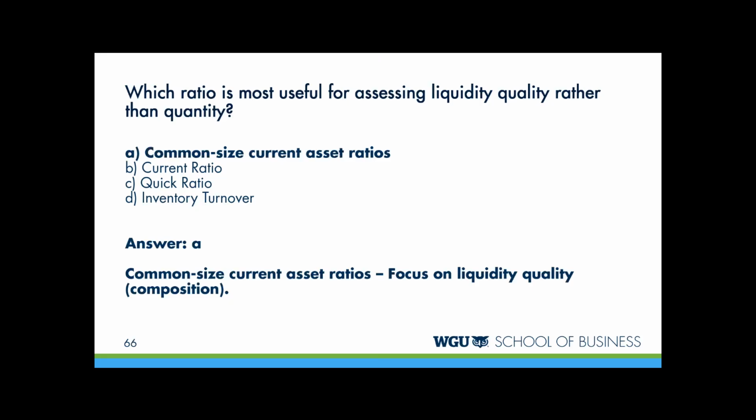So it focuses on our liquidity quality, the composition of our current assets. Because remember, our current assets is an aggregate number, but it includes assets that are not easily converted to cash, like our inventory and our prepaid expenses. If we perform this common size current asset ratio analysis, it's going to tell us what percentage of our current assets is available in cash and cash equivalents and our accounts receivable, which are our most liquid assets. So it's going to tell us the quality of the liquidity.